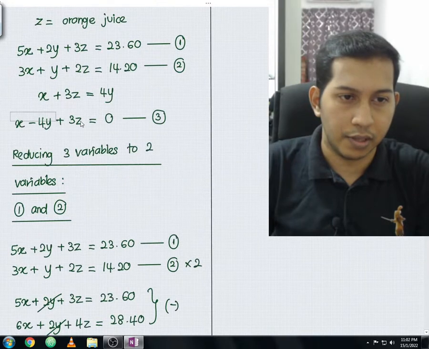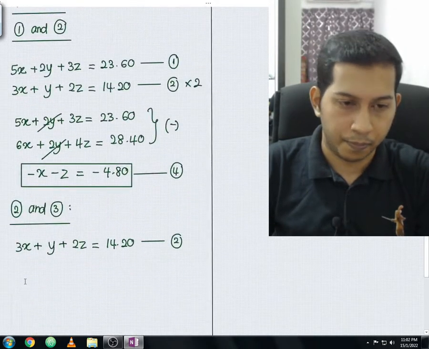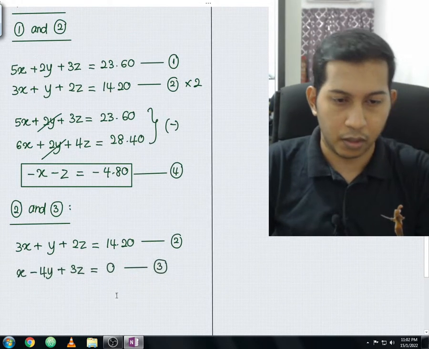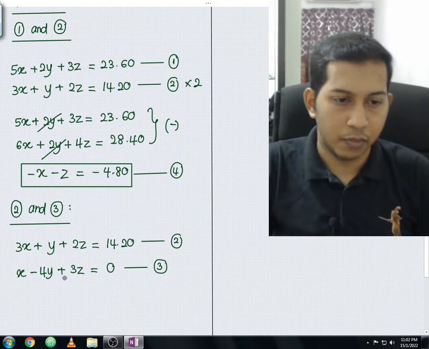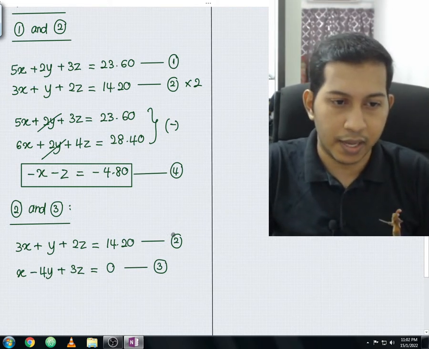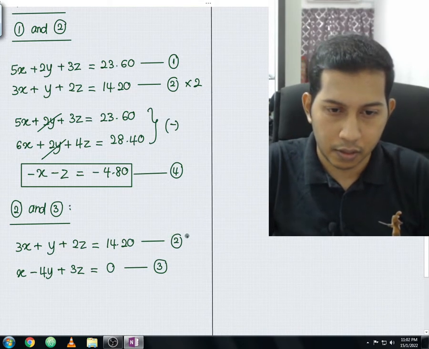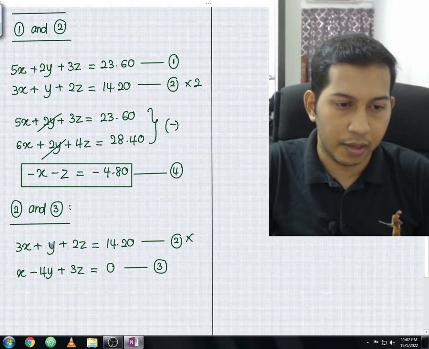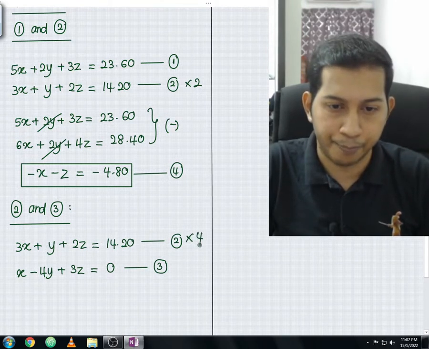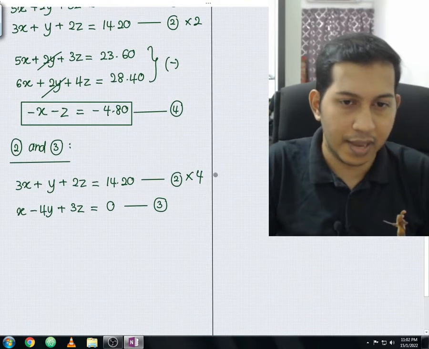And for equation 3, since we want to eliminate the y variable, you can multiply the whole equation 2 by 4. You have negative 4y here and y here, so it is easier for us to multiply the whole equation by 4 instead. So you multiply the whole equation by 4.